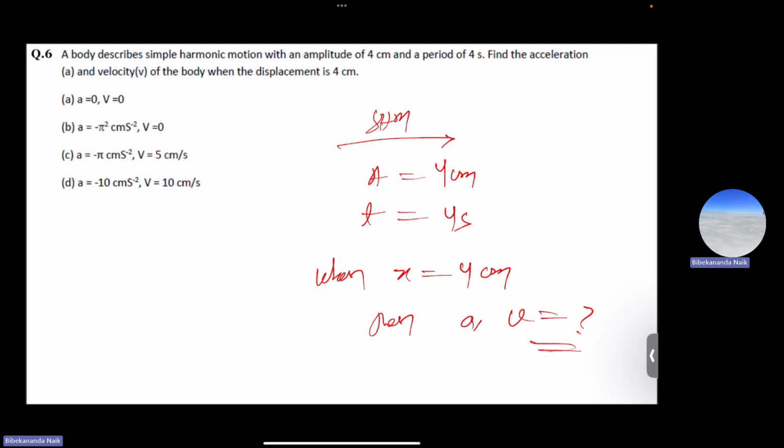So let's calculate the velocity and acceleration.